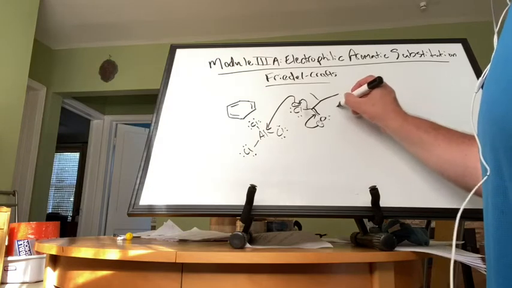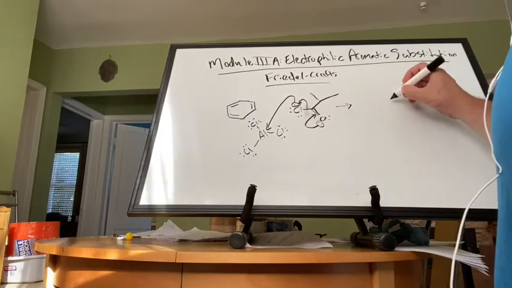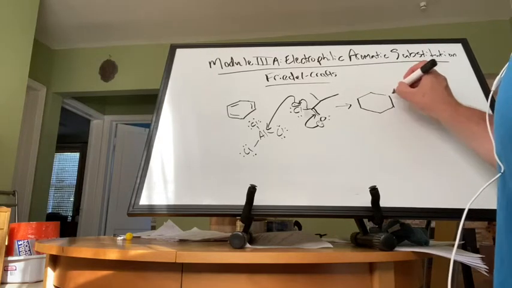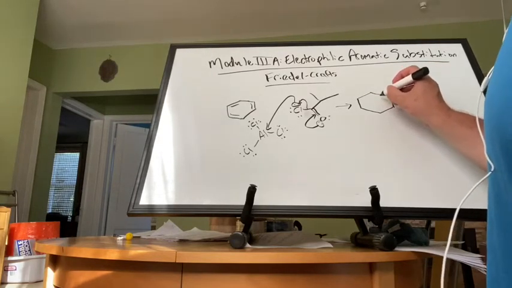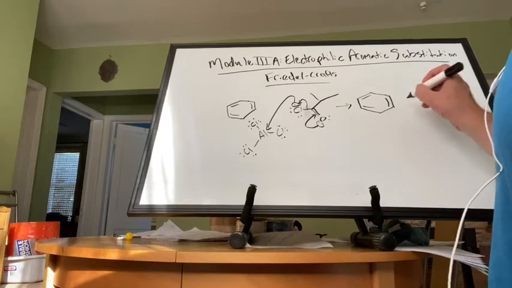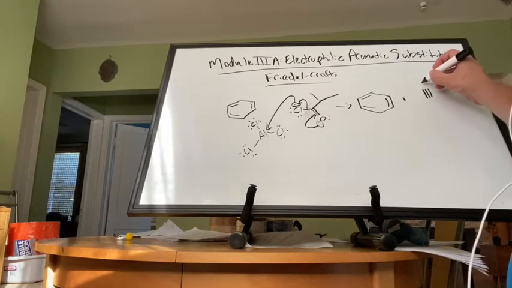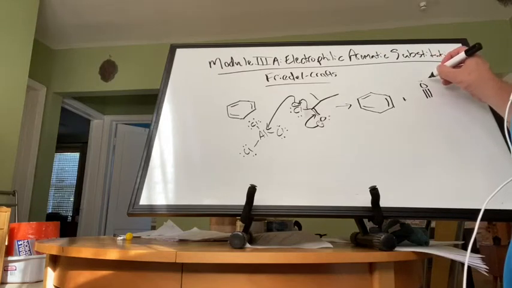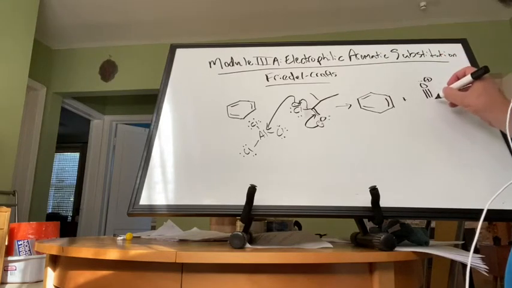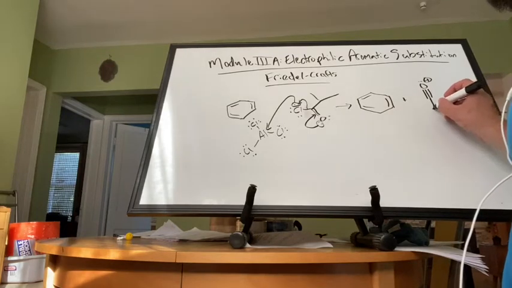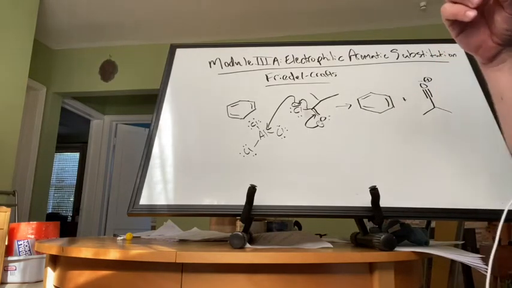So what you're going to have is a linear intermediate. It's going to look like so, and I'm going to bring my benzene ring over to the other side too, just like it is on the left. Okay.